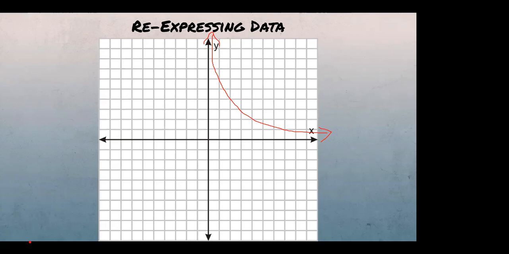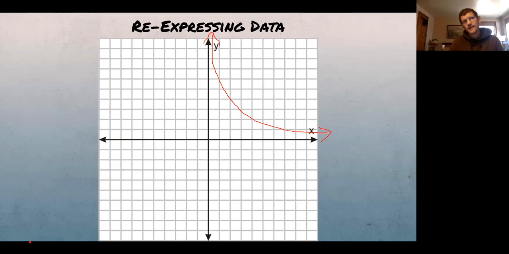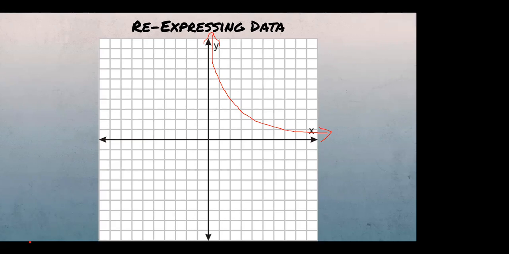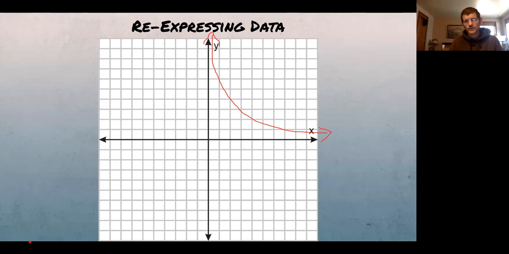Exponential decay. It could be something like that. Is it a rational function? There you go, like a rational function. Where specifically, I'm thinking of this as like a 1 over x, but a rational function, certainly. And it could be exponential decay.